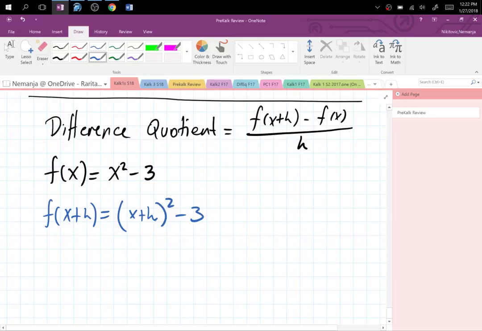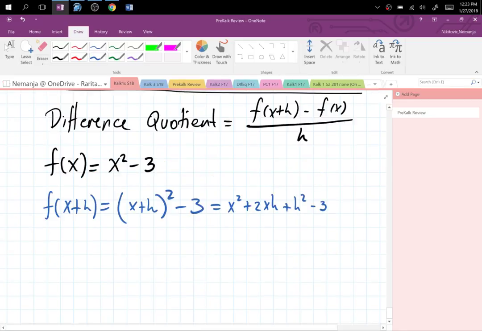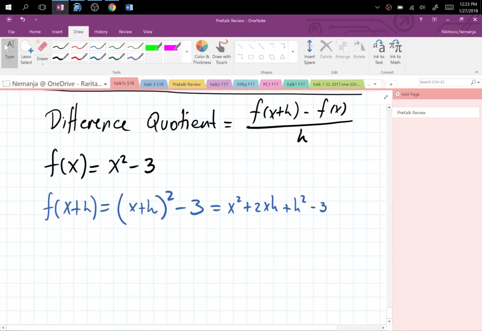So if we had the replacement of x with x plus h, then we have the replacement of x squared with x plus h squared. Now, unleash algebra. We have x squared plus 2xh plus h squared minus 3. And this piece is the one on top.